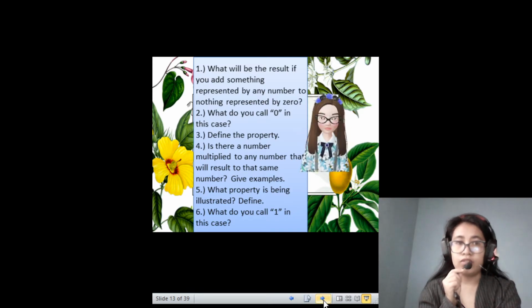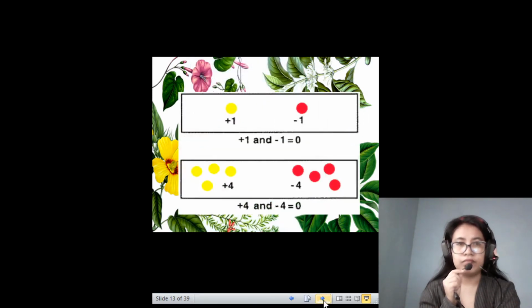Define the property. Is there a number multiplied to any number that will result to that same number? Give examples. What property is being illustrated? Define. What do you call 1 in this case?